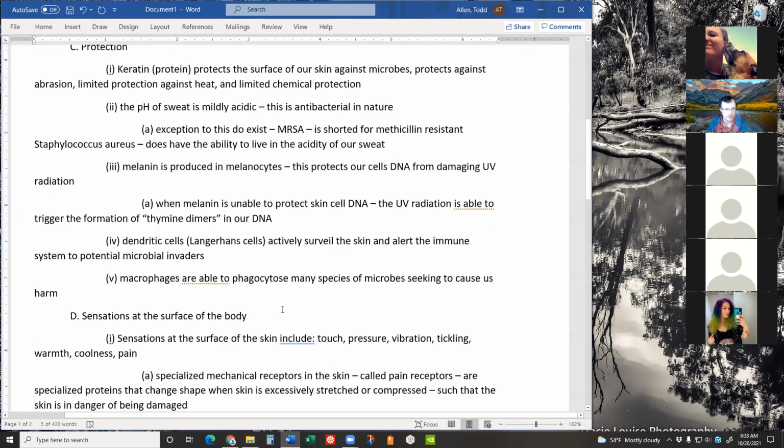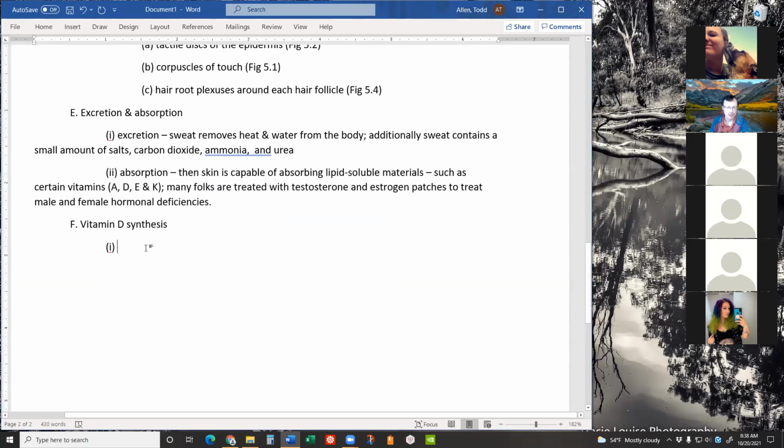But let me be very clear about this. Your skin does not manufacture vitamin D. It does not make vitamin D. What your skin does make are precursor molecules that the body needs to ultimately make vitamin D. Without these precursor molecules, the body would not be capable of manufacturing vitamin D. So vitamin D is not itself made in the skin.